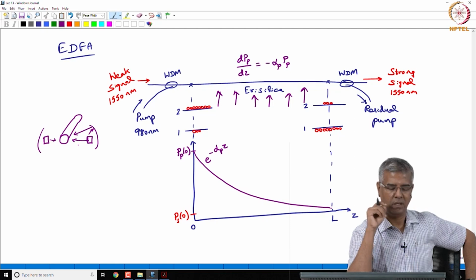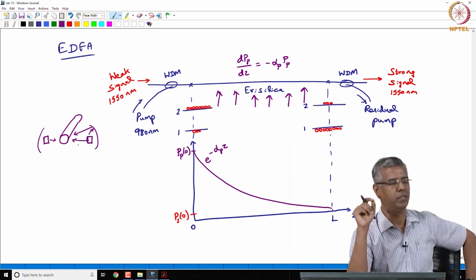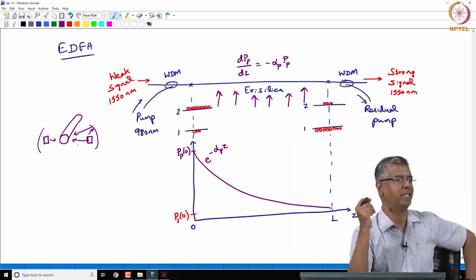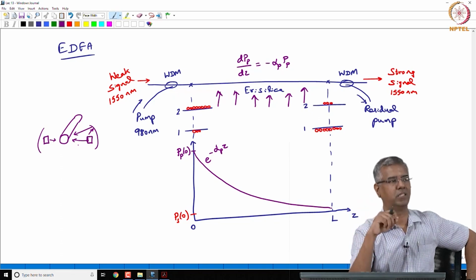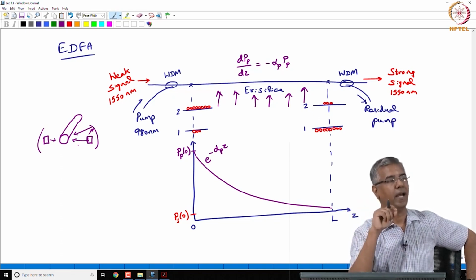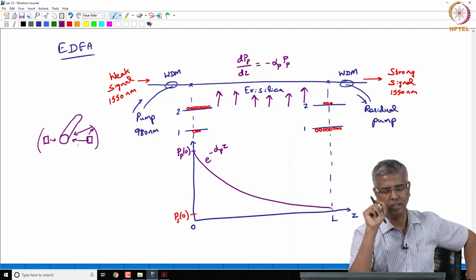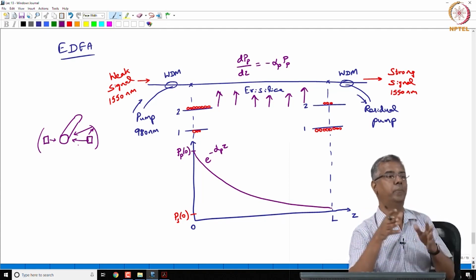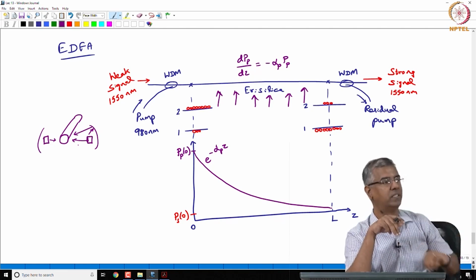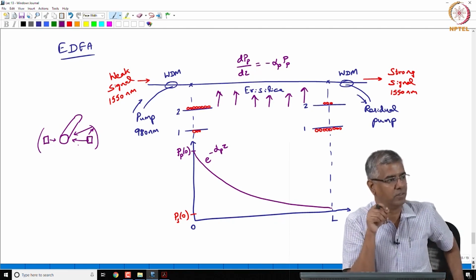And when you consider what type of source you will use, you will find that you are typically using a semiconductor laser diode, okay. In the next few weeks, we will go into the details of the construction of a semiconductor laser diode. And what you will find is that the aperture from which light is emitted in a semiconductor laser diode is on the order of a few microns.